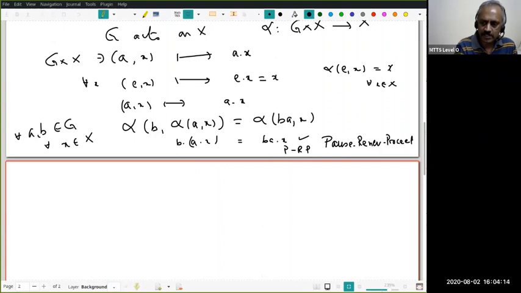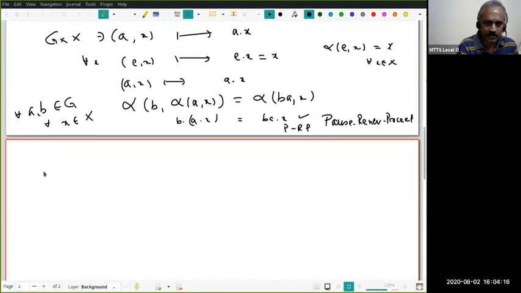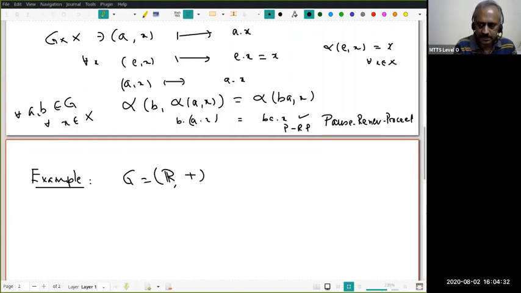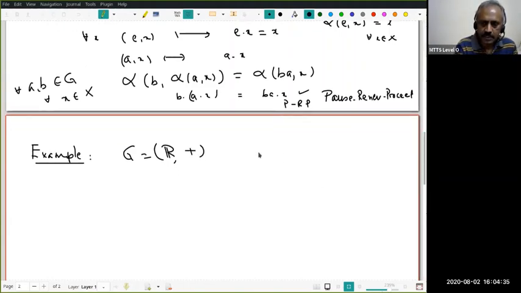Let us look at a very simple example so that we get used to this. Let G be the additive group of reals under addition. Now let my X equal R2.